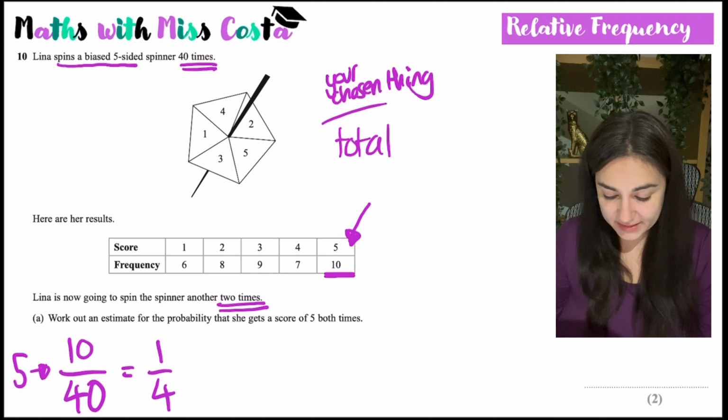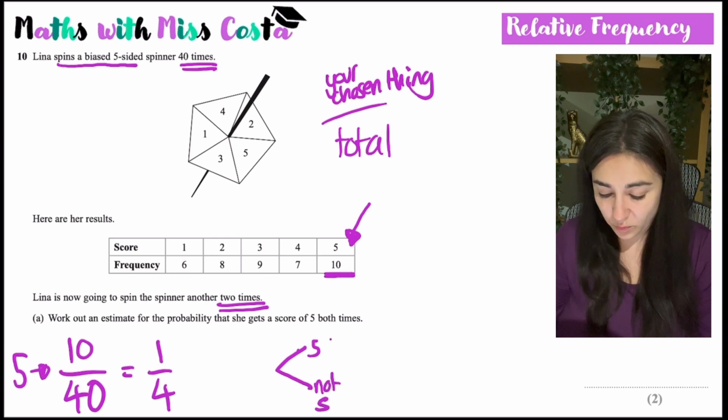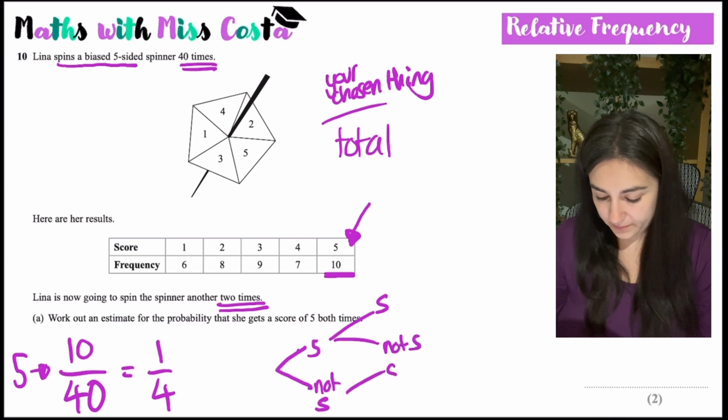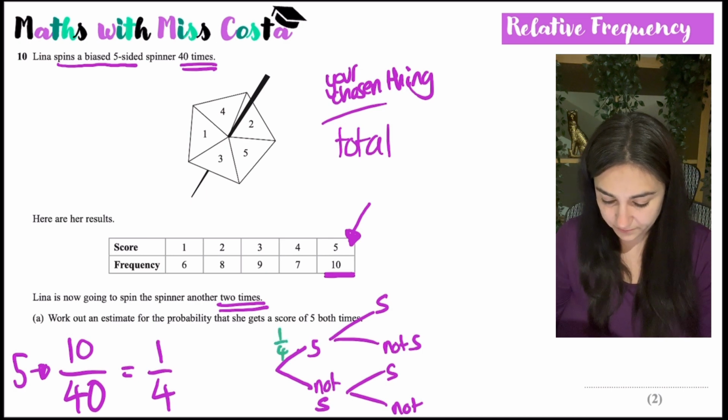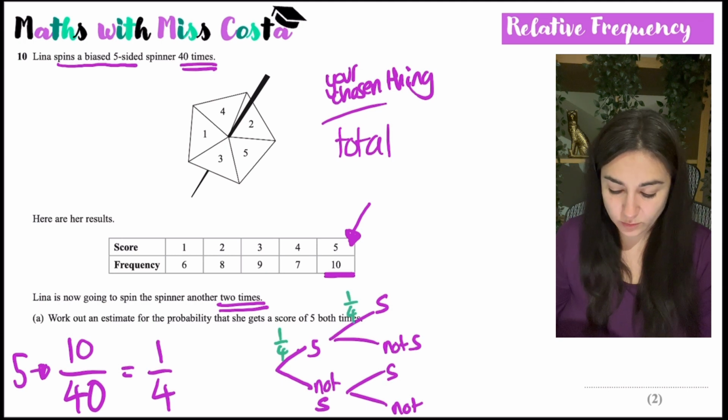So for the probability of her getting a score of 5 on the first go, we could do a little mini probability tree, just to show you why I'm going to be multiplying. So on her first go, the probability of her getting a 5 is a quarter. And on the second go, the probability of her getting a 5 is also a quarter.